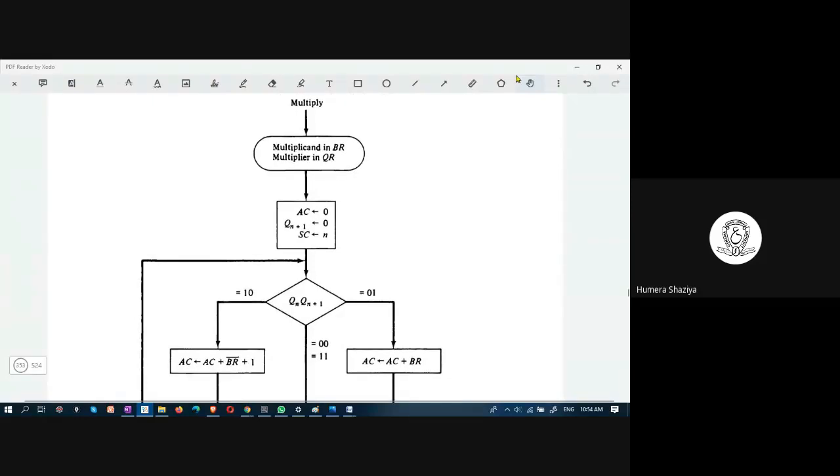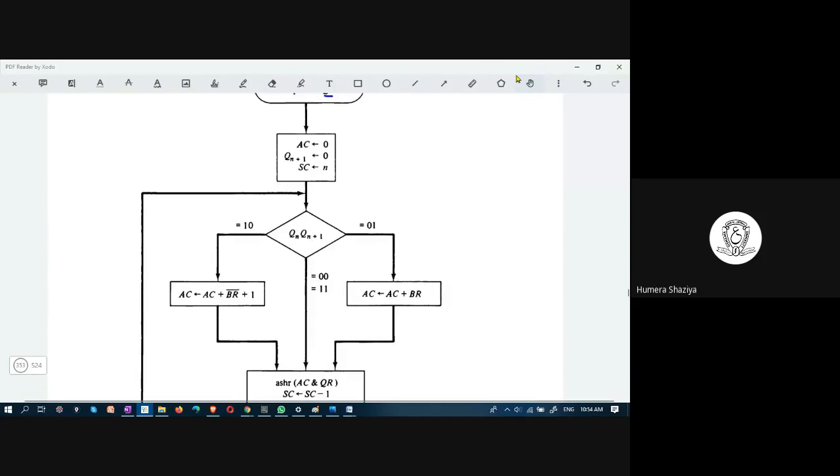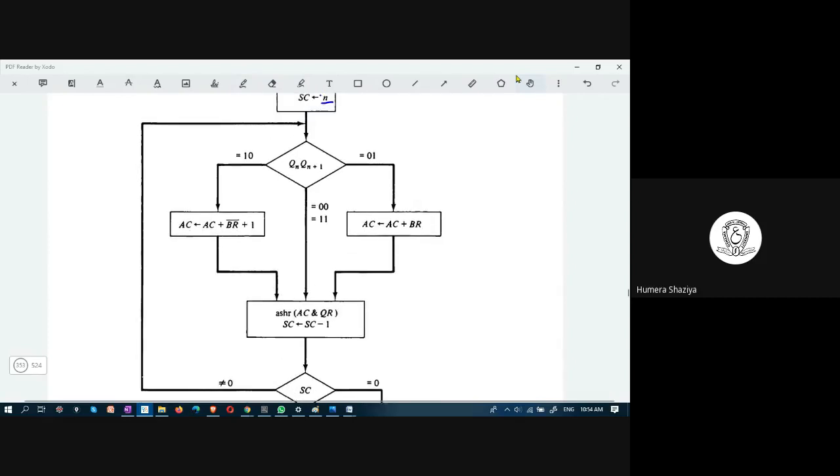This one is the flow chart. Multiplicand is in BR, multiplier is in QR. Accumulator is initialized to 0. QN plus 1 is initialized to 0. Sequence counter is N. Now, there are 4 combinations you get. How do you get 4 combinations? QN plus 1 and QN can both be 0, 0, 0, 1, 1, 0, 1, 1.